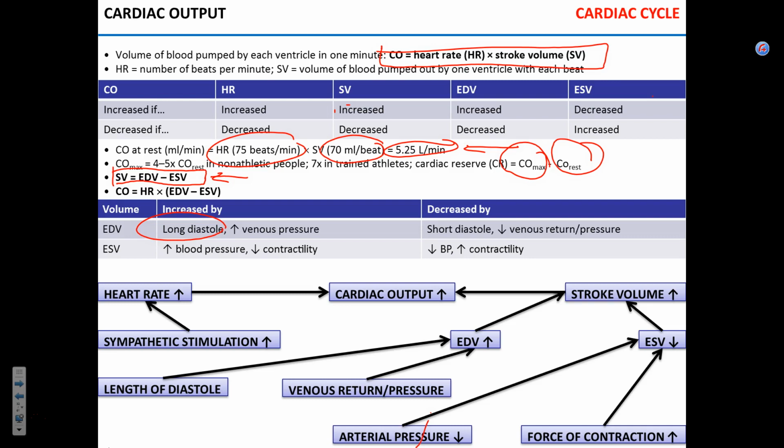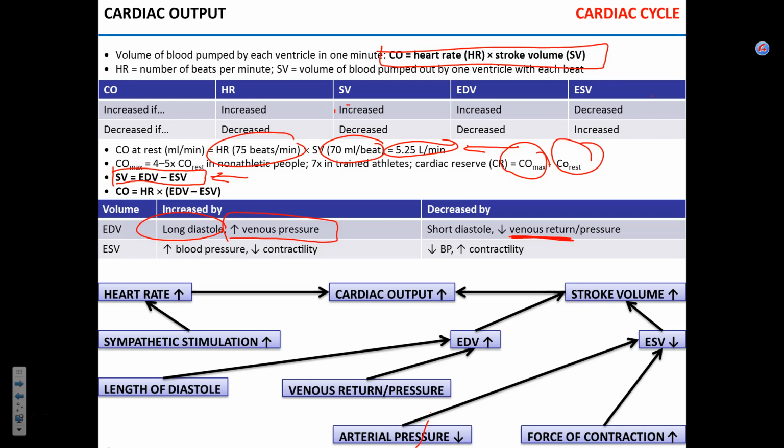We good? Second, venous pressure, or sometimes it is called venous return. Your veins, vena cava, superior and inferior, are the vessels that bring the blood into the right atrium, or your pulmonary veins are bringing the blood to the left atrium. We clear? Does that make sense? Now, here's the question. What can increase venous return?